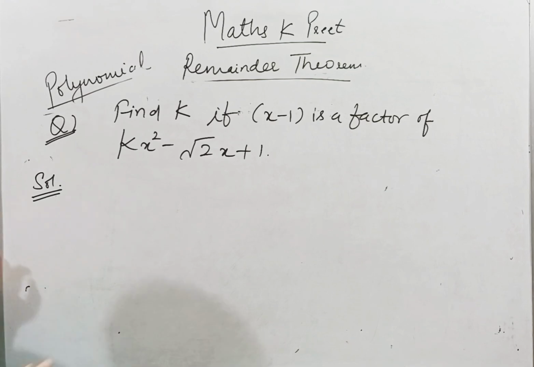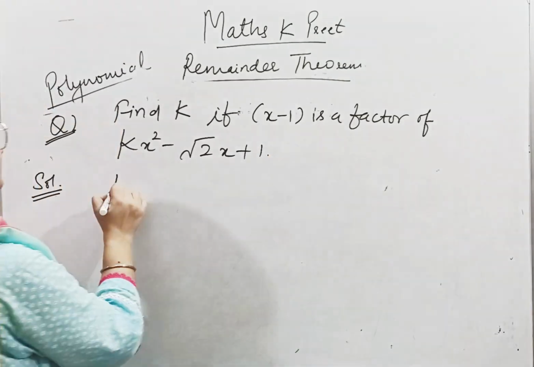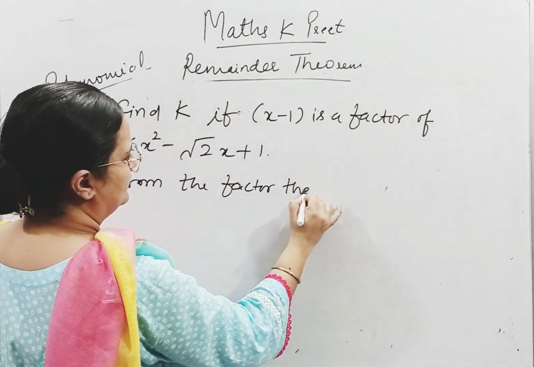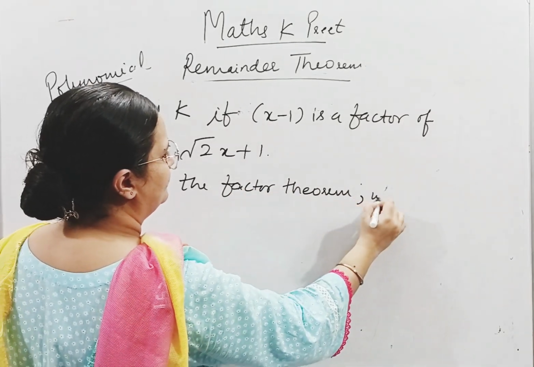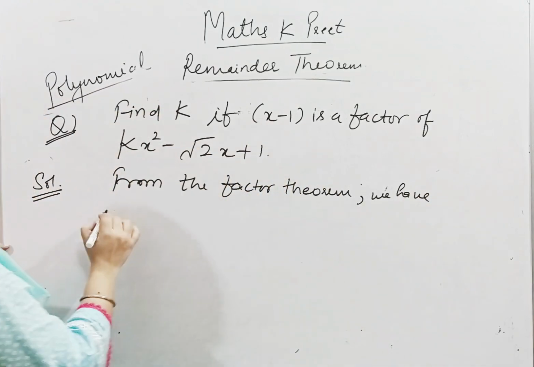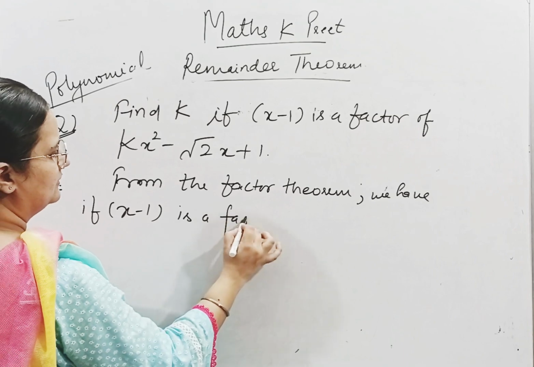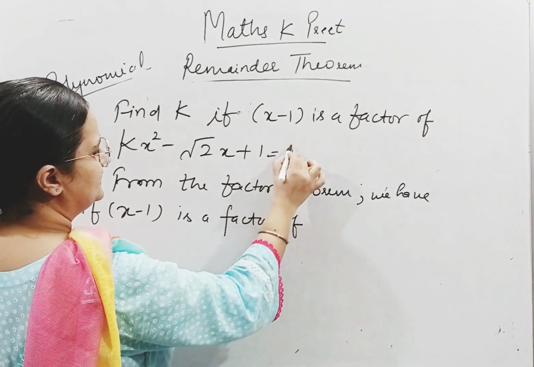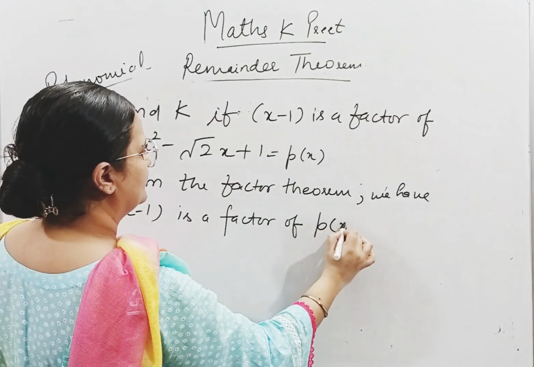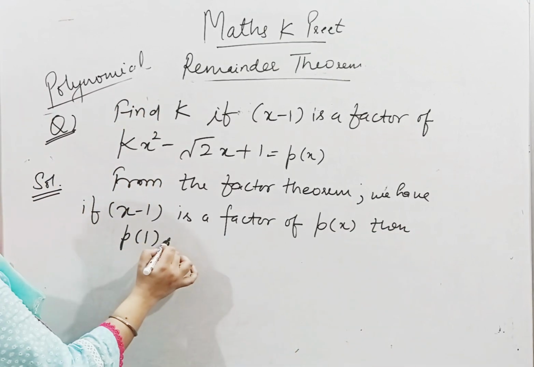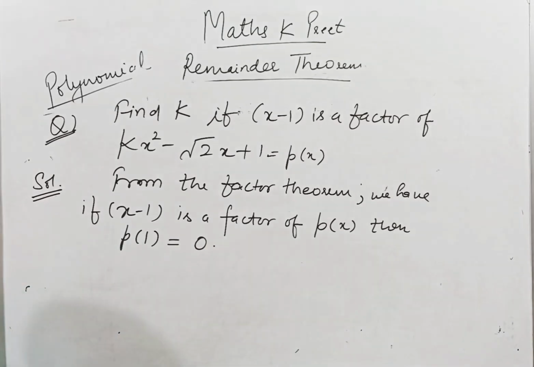If x minus 1 is a factor, from the factor theorem, let's say this is p of x, then factor theorem says p of 1 will be equal to 0. Or factor theorem says p of a, so here a is 1, p of 1 is equal to 0.